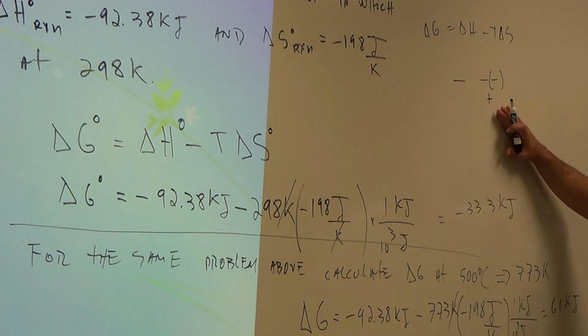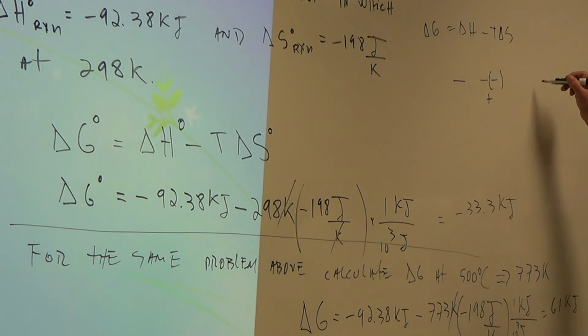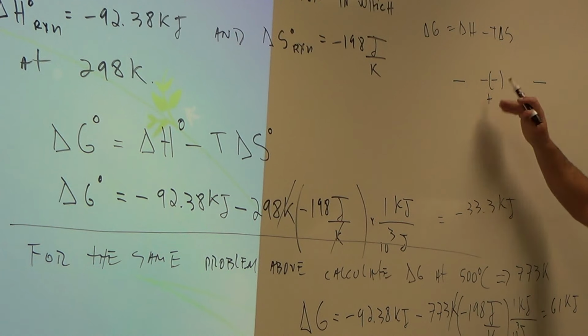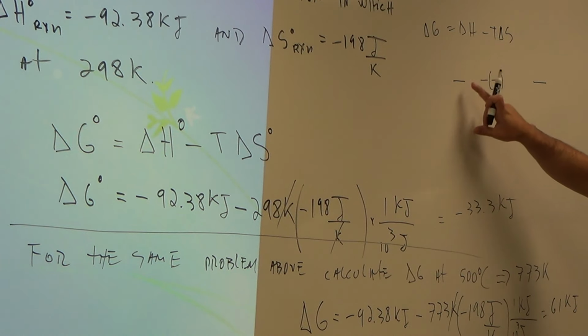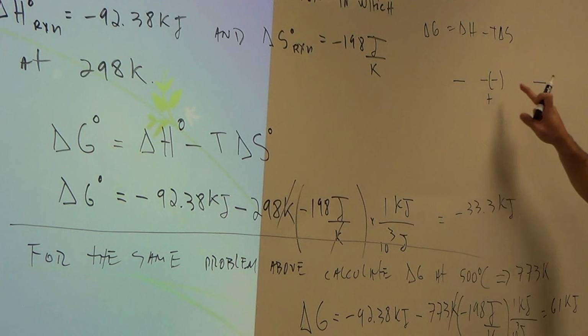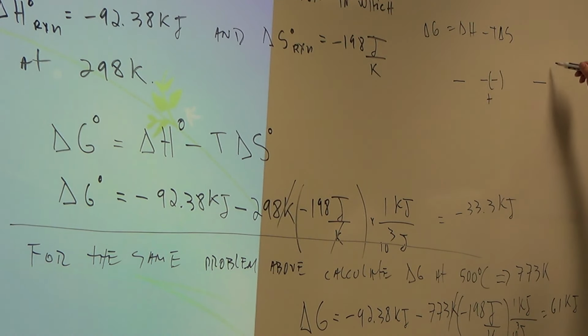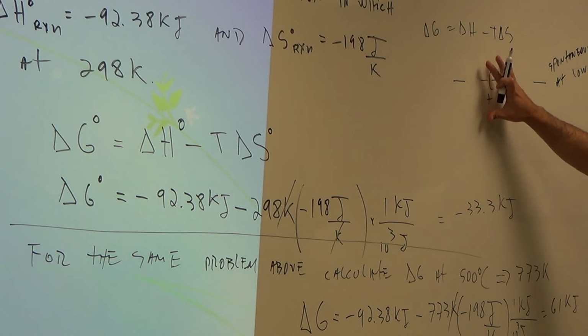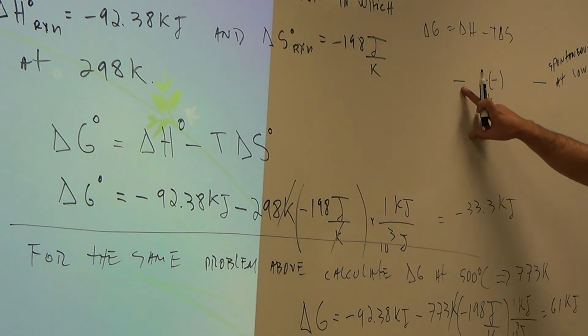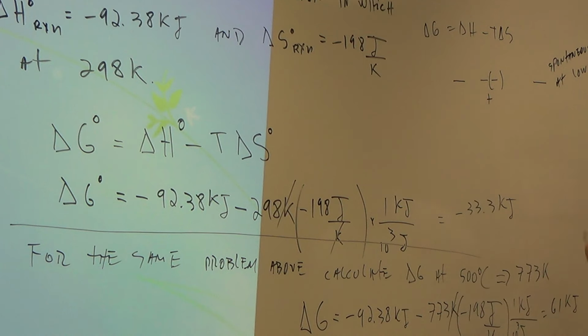Now when is this going to be spontaneous? I want this thing to be negative. When this number is small, that number will be bigger and it will be negative. So when is this number going to be small, or spontaneous? At low temperatures, this number is going to be small and the other number will be bigger, so it will be negative.